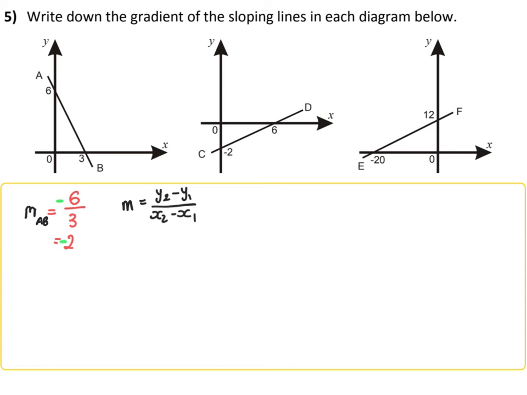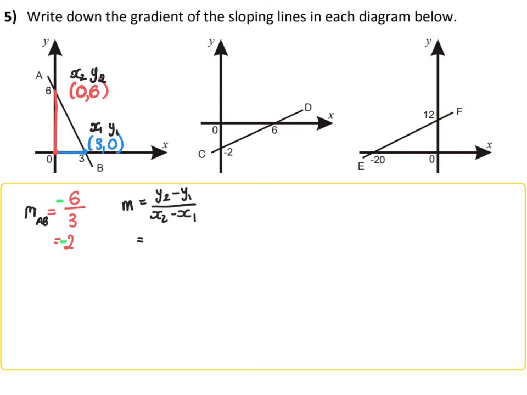And to use the National 5 formula, I would need 2 coordinates. So if we think about this point here, I go along 3 and up nothing. Whereas for the other point, I'm just going up 6. Okay, so how much am I going along for this one? Nothing, but I'm going up 6. So I have 2 coordinates that I can label x1, y1 and x2, y2.